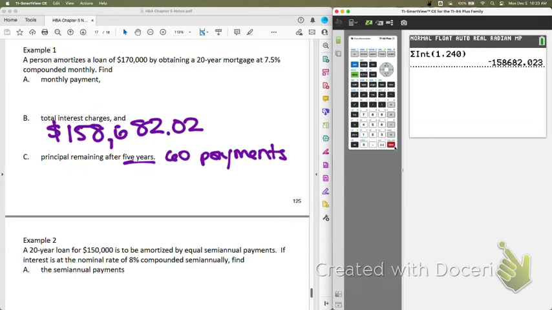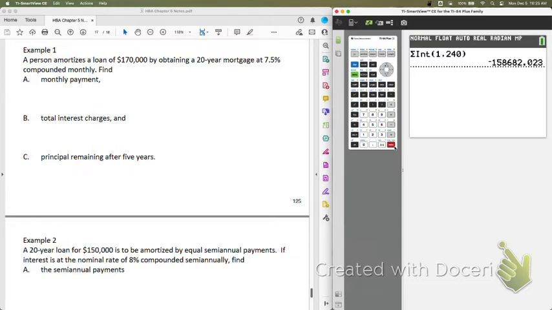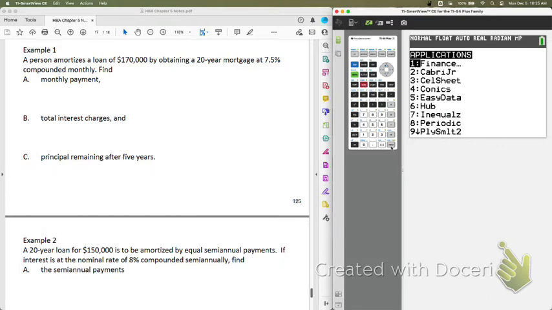So if we want to find the principal remaining after 60 payments, the first thing we have to do is find the principal we've paid in 60 payments. And so this is the other command that you may have seen on the way to the sum of the interest. So if I go back into my finance app and I scroll back down to where I found the sum of my interest, I can also find one that is the sum of the principal, which is this one.